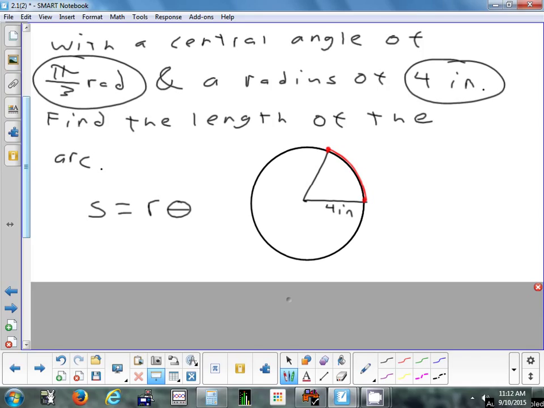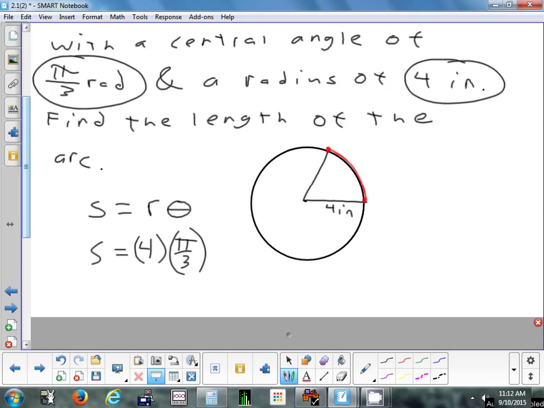All right, so Ben, what am I going to plug in for my radius? 4. Yeah, radius is 4. Right, so I've got 4. Chris, what am I going to plug in for my angle? Pi divided by 3. What are the units on that? Radian, so we're good to go. We don't need to change it. Okay, and we'll just multiply that out.